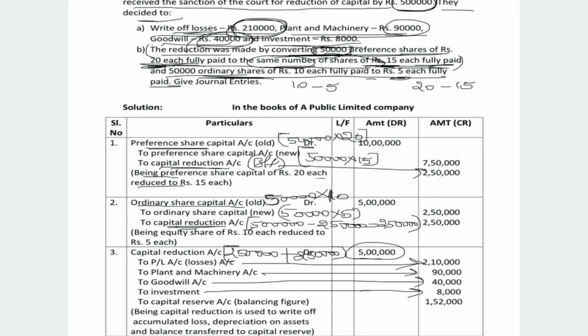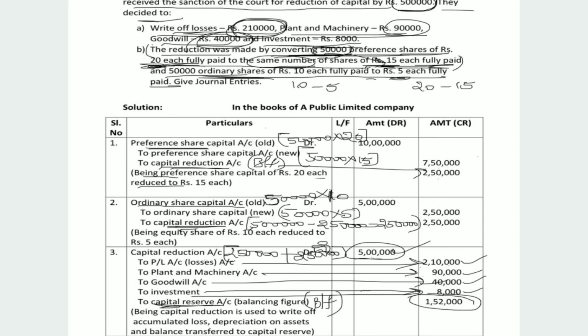I repeat, capital reduction account rupees 5 lakh is debited to profit and loss account 2,10,000, plant and machinery account 90,000, goodwill 40,000 and investment 8,000. Now the remaining balance will be transferred to capital reserve account, that is 5 lakh minus 2,10,000 minus 90,000 minus 40,000 and minus 8,000.